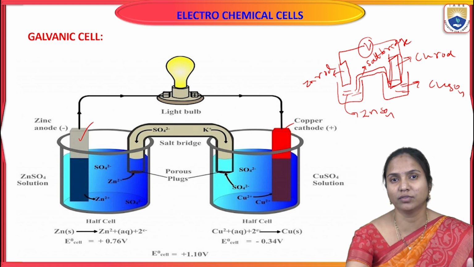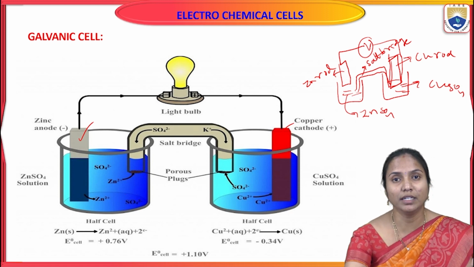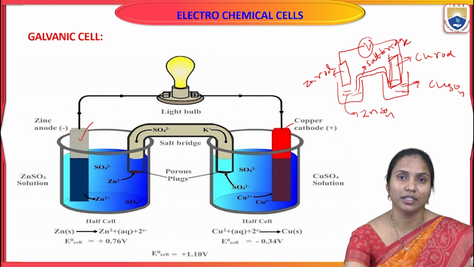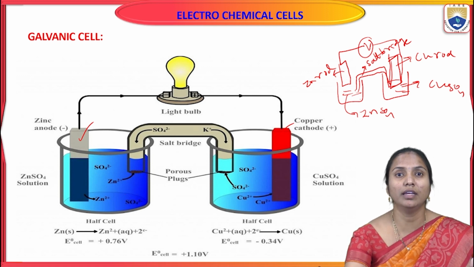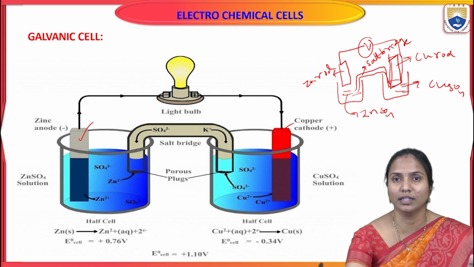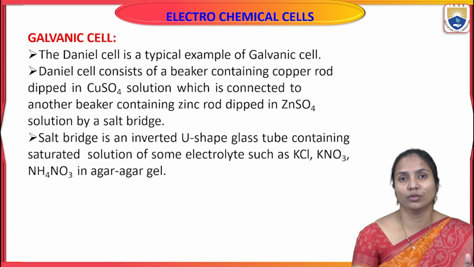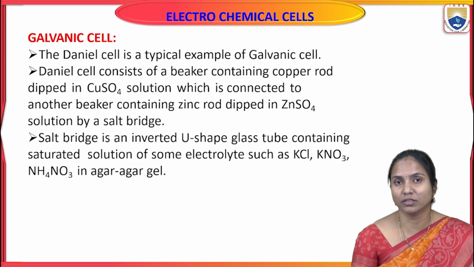So what is the use of the salt bridge here? It maintains electrical neutrality between the two half cells. This is the construction of the galvanic or Daniell cell. How do we construct the salt bridge?